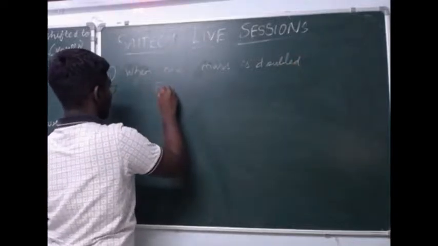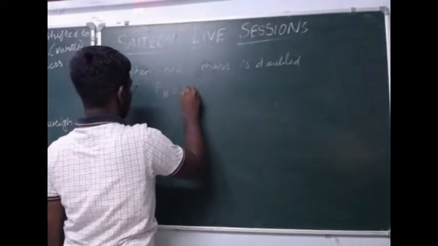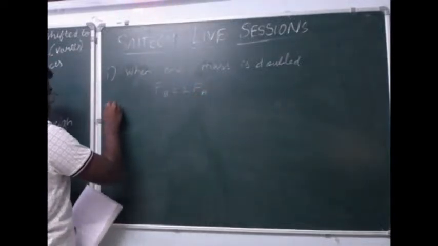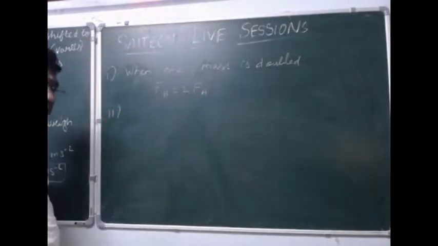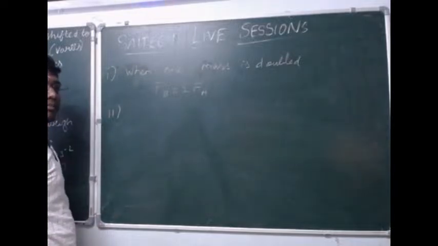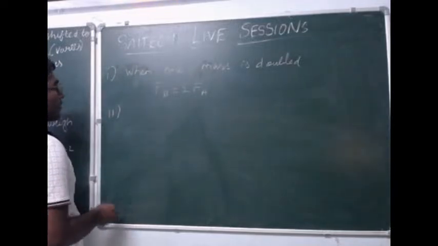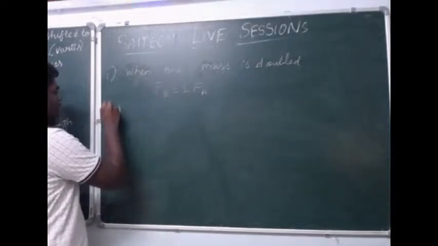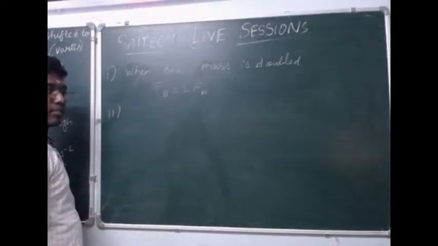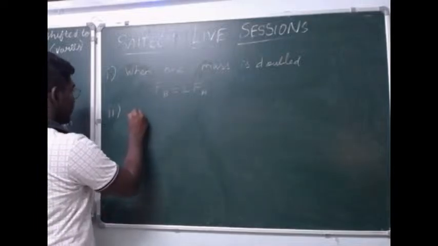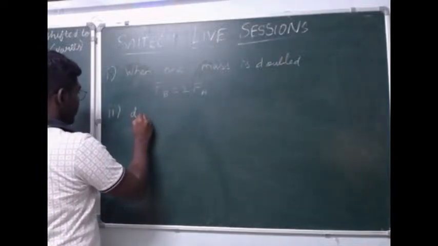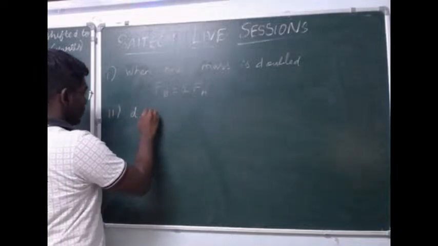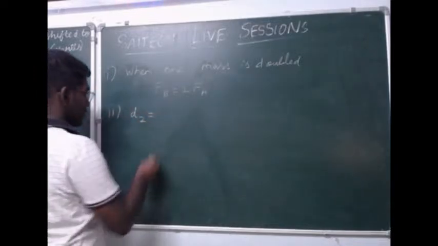Second question. The distance between the objects is doubled and tripled. So in that case, the mass you can simply ignore. Okay? So in that case, let me say D2 is twice the D1.